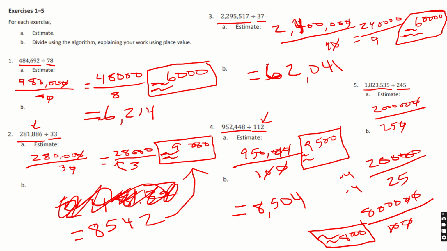And my last one, I have 1,823,535 divided by 245, and I get exactly 7,443.